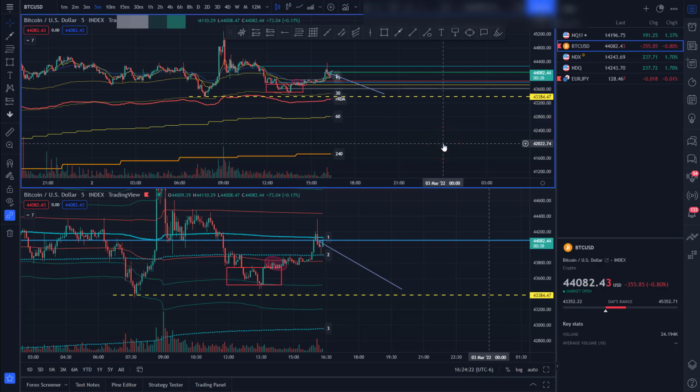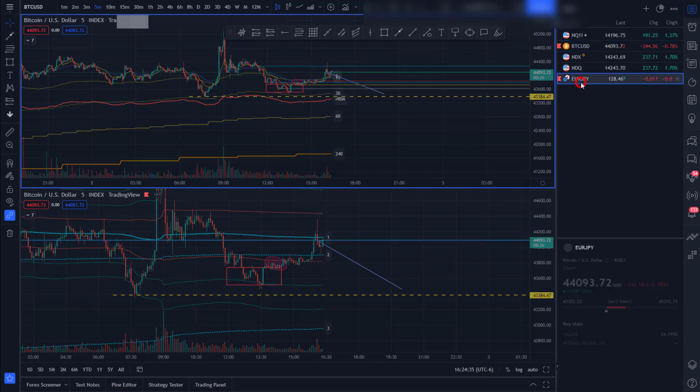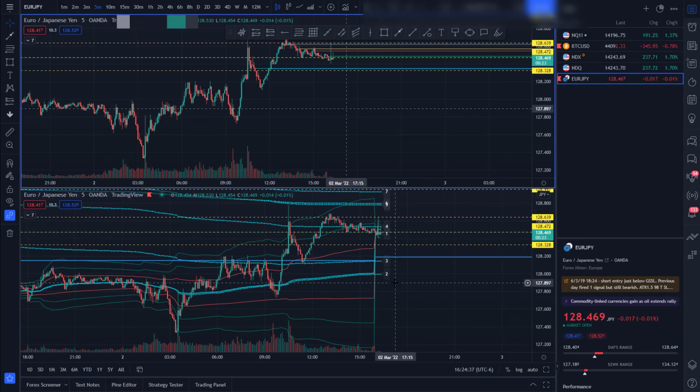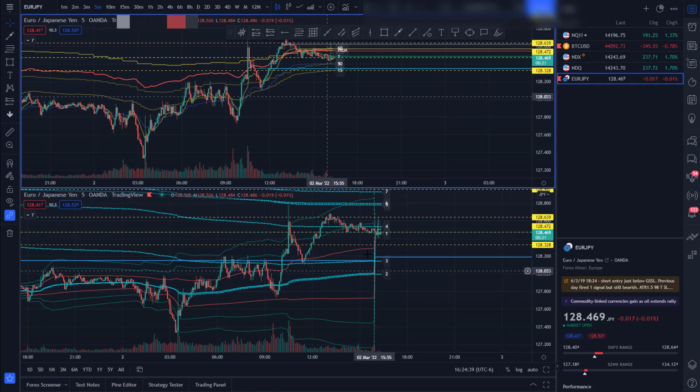So hopefully that explains, or I went into detail, I should say, with some high probability trades. Really, on Bitcoin, there were only two that were high probability trades. On FX, if we go to the Euro JPY, there were really only two. One was a hard, difficult fade trade, which I would say is not a high probability.